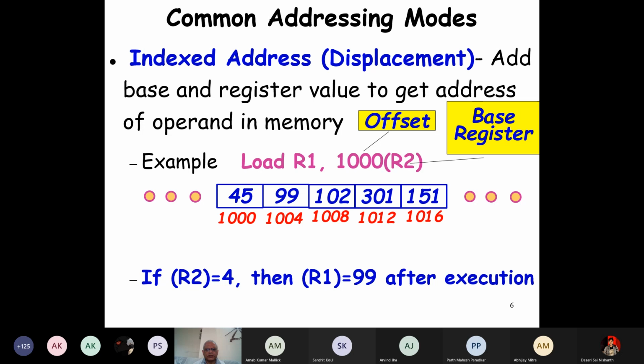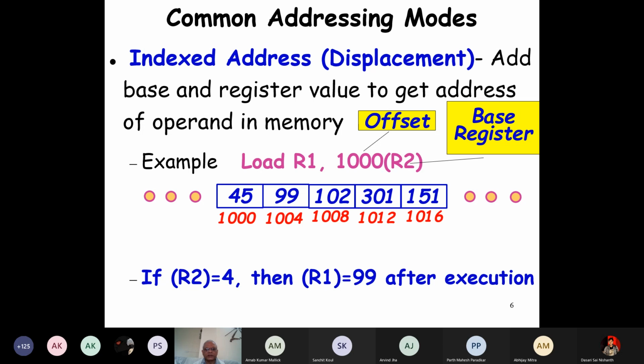The indexed addressing or the displacement addressing, here we have two things. There is a register here, the contents of the register will be used, but to that some offset will be added. It is useful to have the operands in an array, and the array starts at a certain memory location.